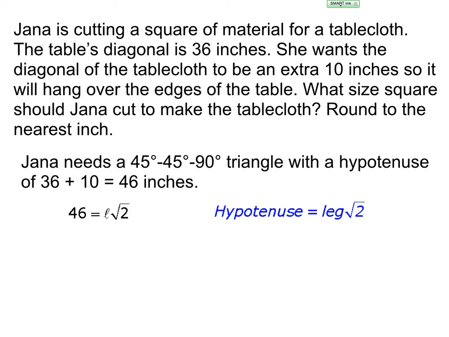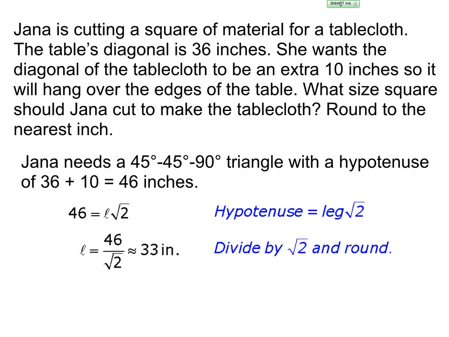I do like what you were showing me. It does come out to be 23 times the square root of 2 when you simplify. But the directions said round to the nearest inch. So a lot of you were giving me 23 times the square root of 2. Yes, but that rounds to be 33 inches.